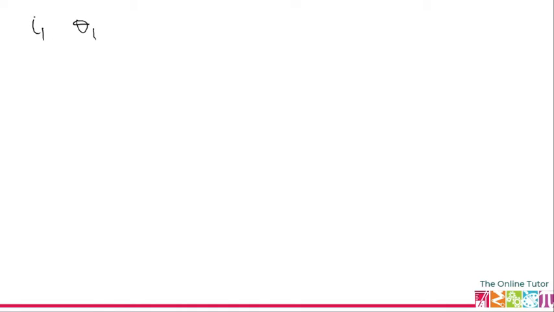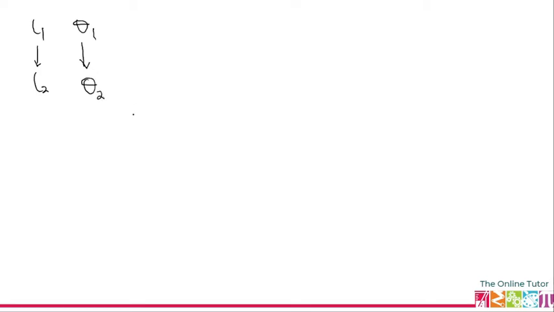If we subject this metal to heat, there's going to be an increase in the length of the metal from L1 to L2 over a certain temperature increase, from theta 1 to theta 2.